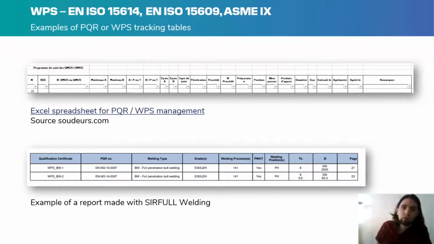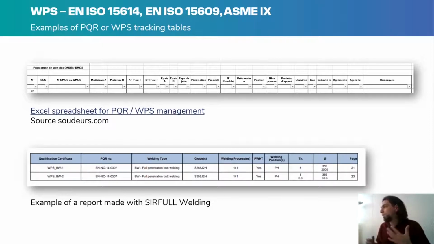You need to manage the WPS of the project and PQR, and you can create sorts of tables like this one. For the first one, I provide you with an Excel spreadsheet where you can manage your PQR and WPS.